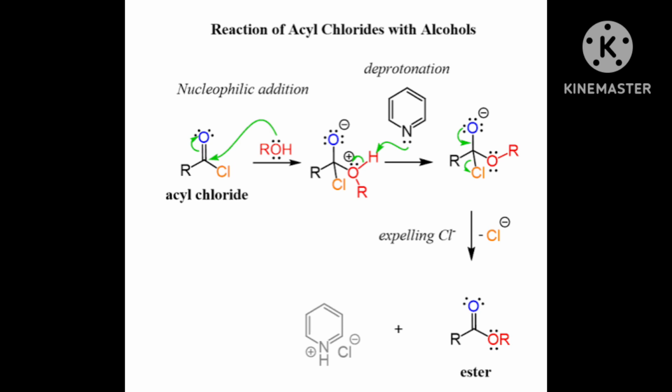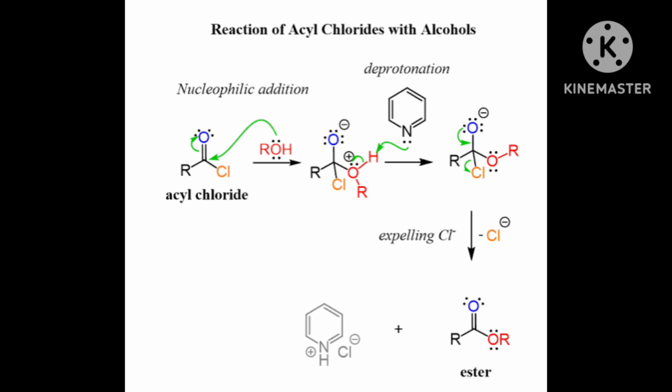Then Cl will be negative because it is electronegative, and carbon will become positive.